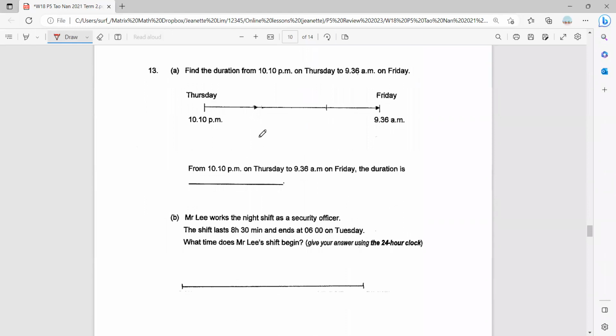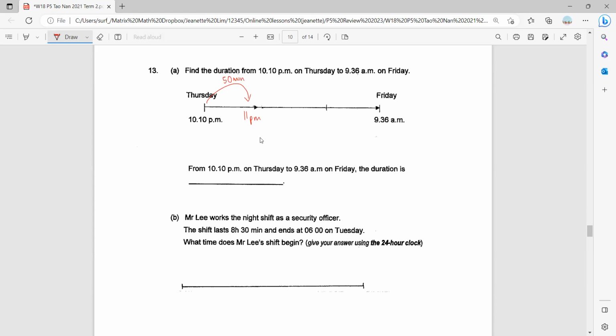Question 13. Find the duration from 10:10 p.m. on Thursday to 9:36 a.m. on Friday. So first 10:10. Let's go to 11 p.m. first. So this is 50 minutes.